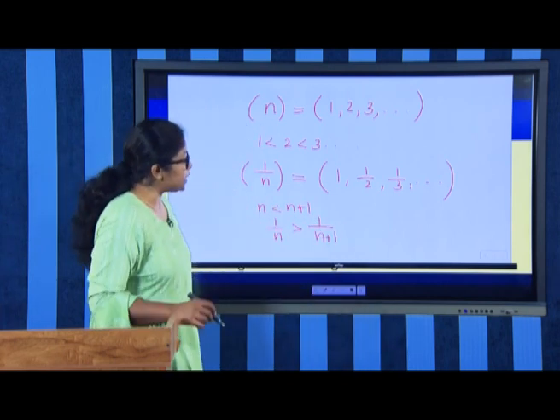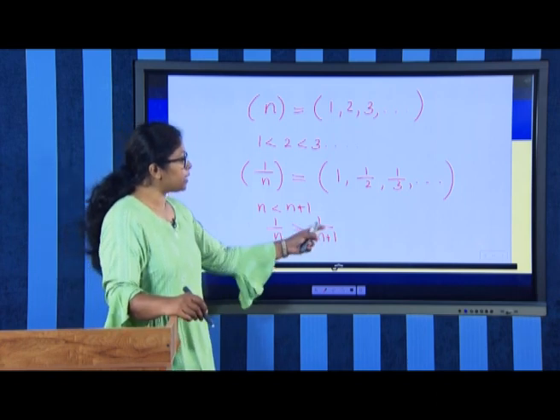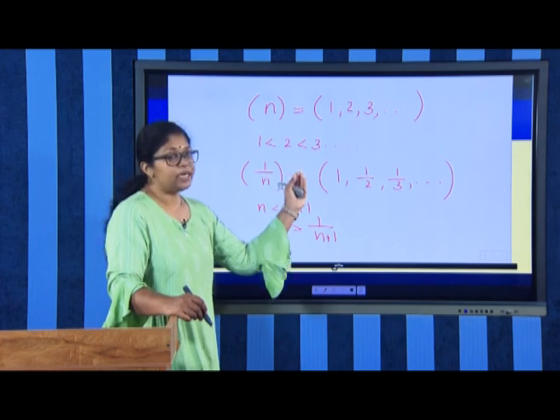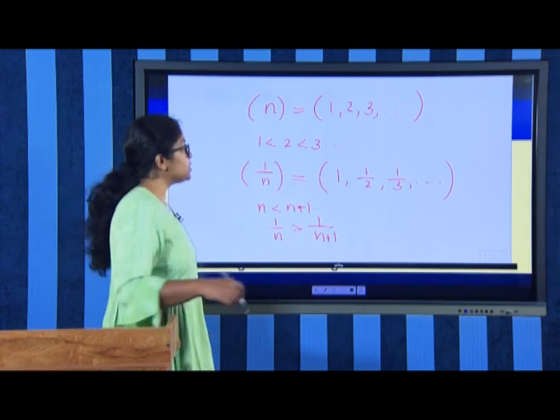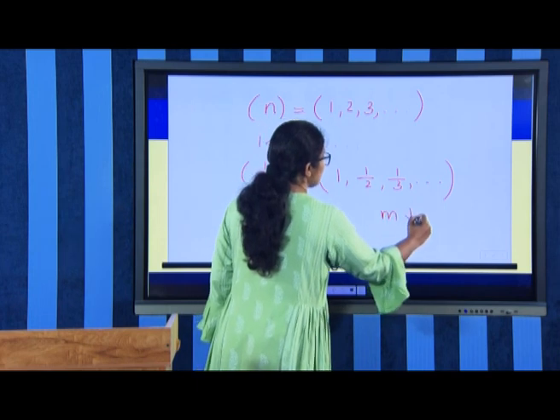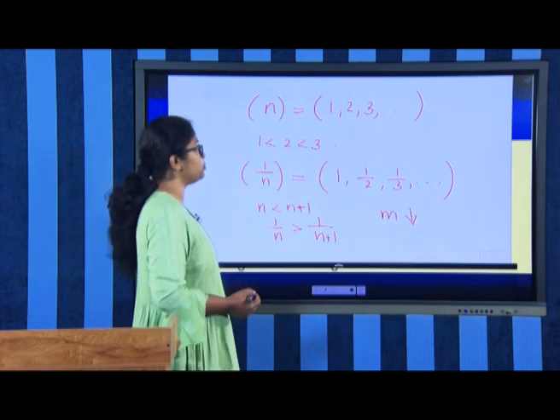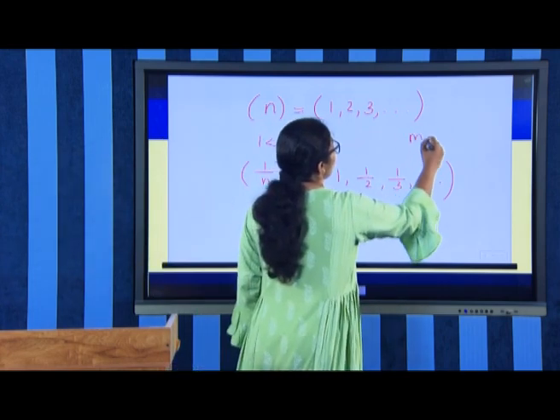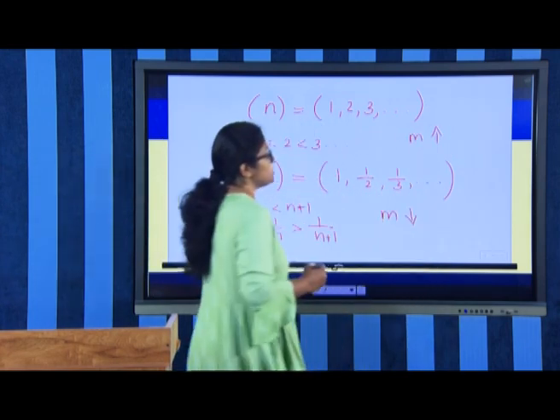So as n increases, the terms of the sequence are decreasing. This is an example of a monotonic decreasing sequence. This is the notation that we usually use, and the previous one is an example of a monotonic increasing sequence.